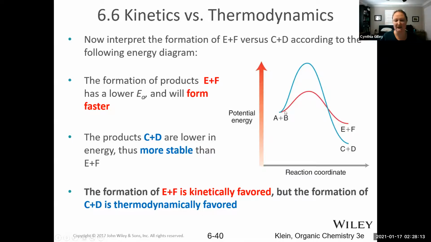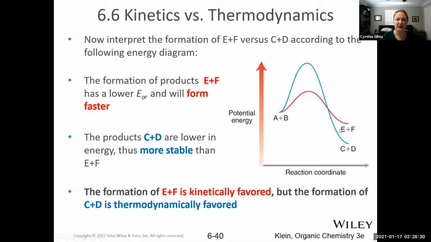Recall that the activation energy is the difference between the starting energy and the energy at the transition state. So there's a pathway that has a lower activation energy, but produces less stable or higher energy products than a second pathway.